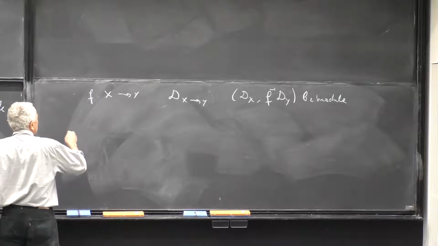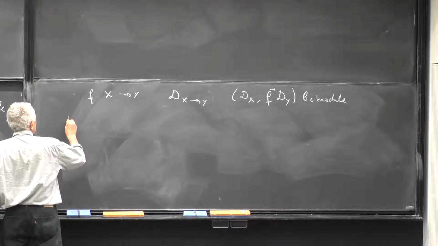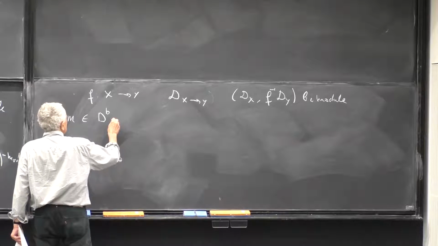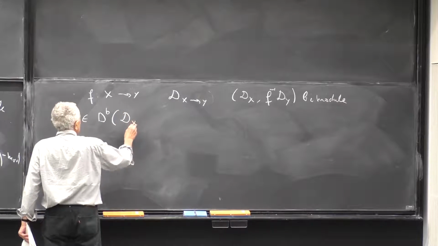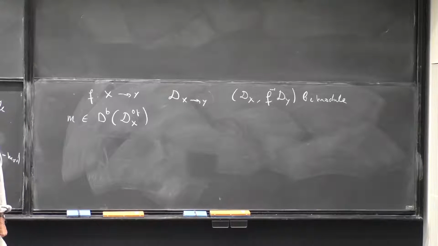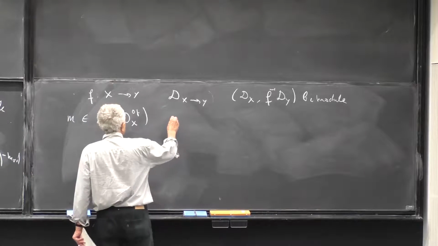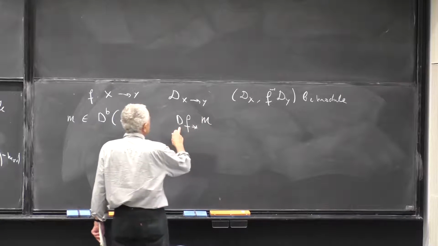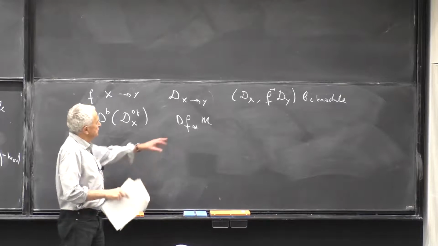So, for example, if M is a right D_X module, we can define the direct image of M, D f_*, I use Schapira's notation.